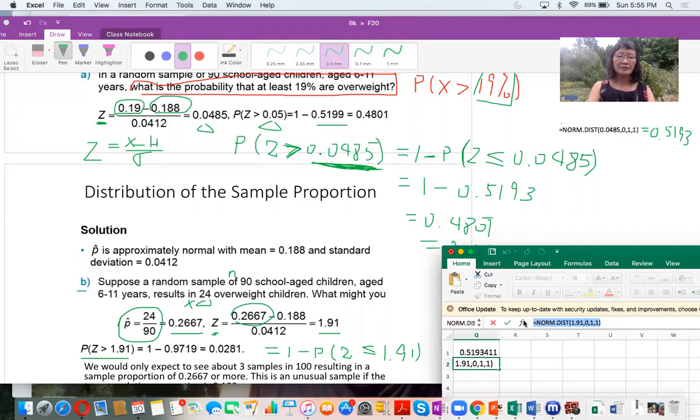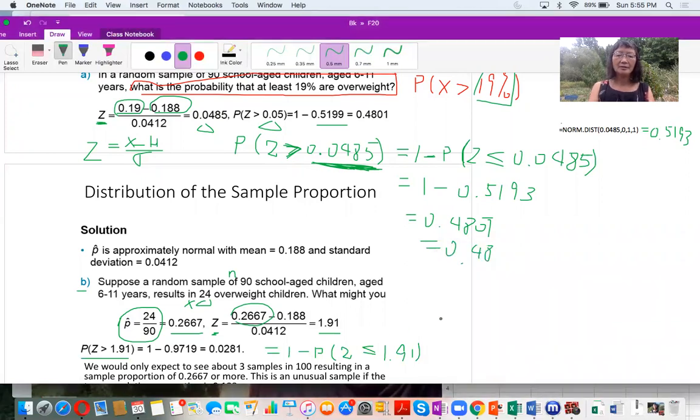So Excel would give you 0.9719. And then you have to use 1 minus this number. Finally, you get this result.